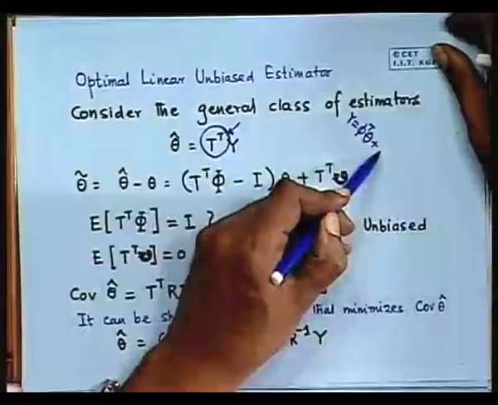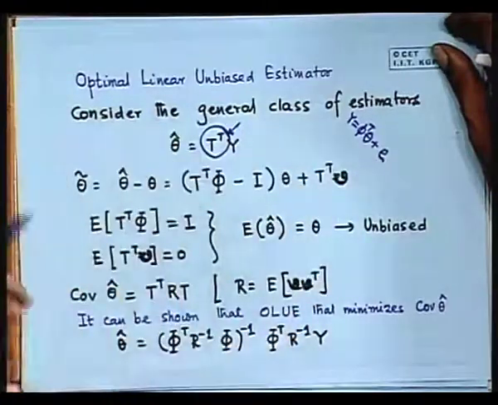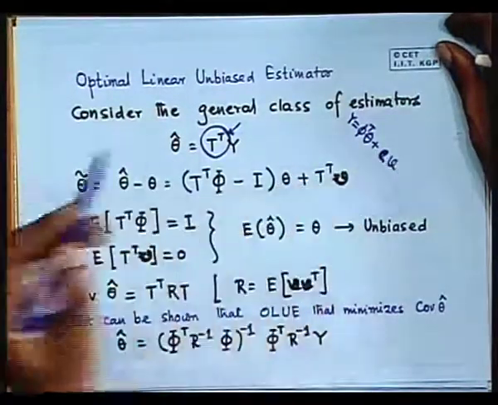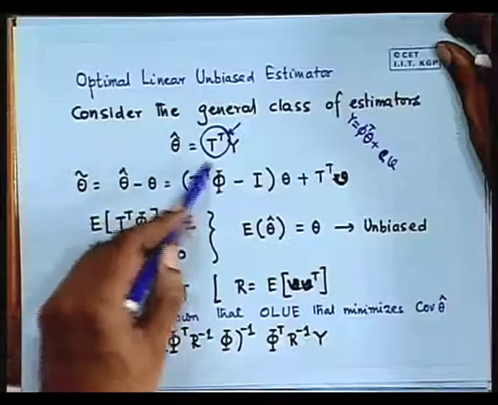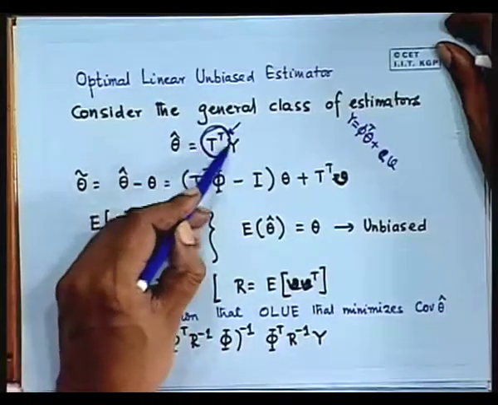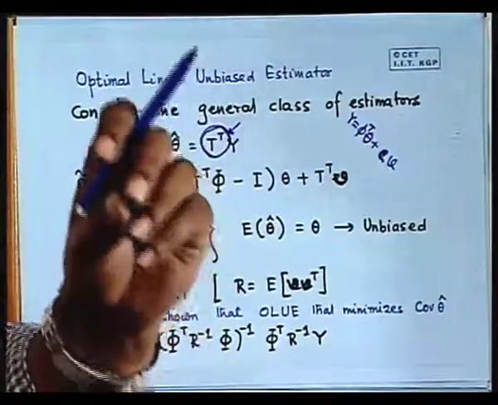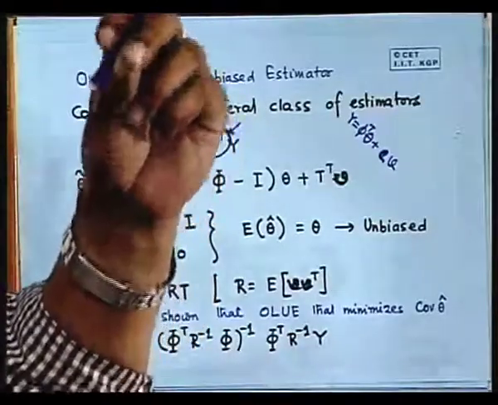So it turns out that if the data is generated as y is equal to phi transpose theta plus, in this case, E or V, whatever, say V, then if you take any arbitrary, what I am saying is that the least square estimator is just one linear estimator.